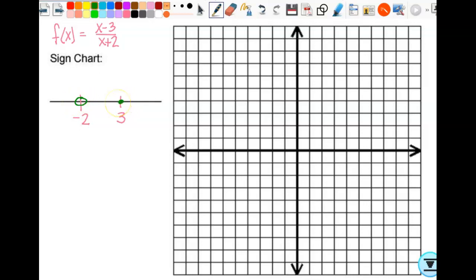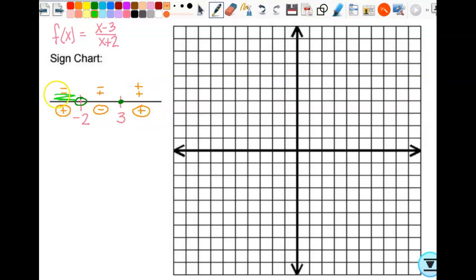Okay. So then we check for points here, or check our points. So -3 I'll use, so I get negative over negative, which is positive. I could use 0, which is negative over positive, which is negative. And I could do 4, which is positive over positive, which is positive.